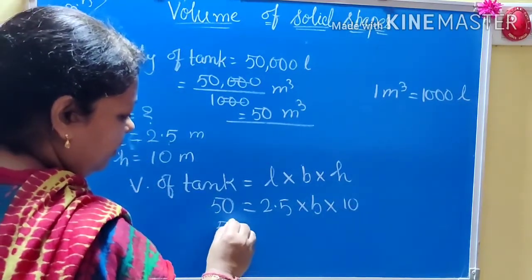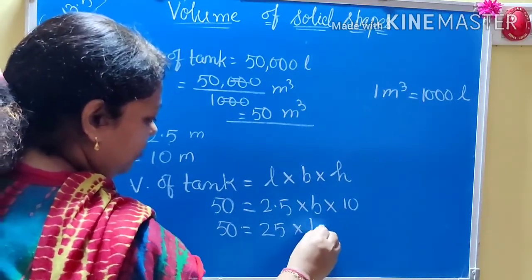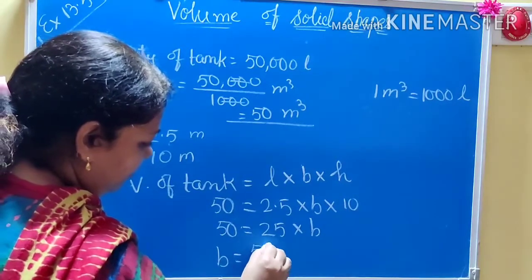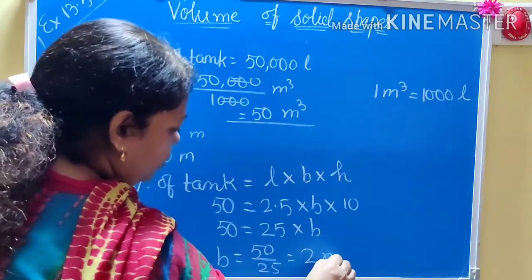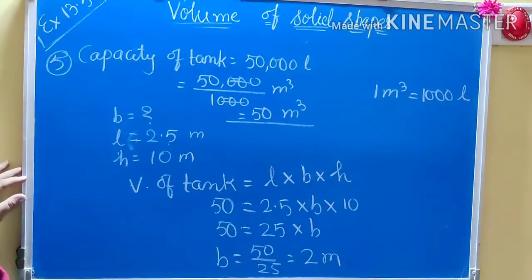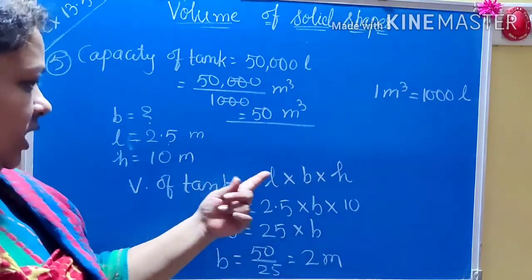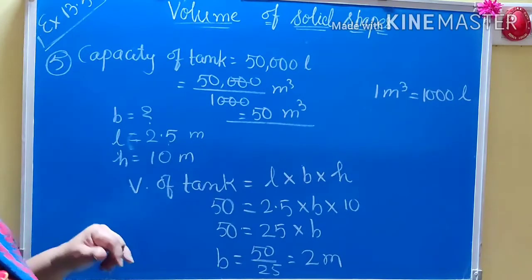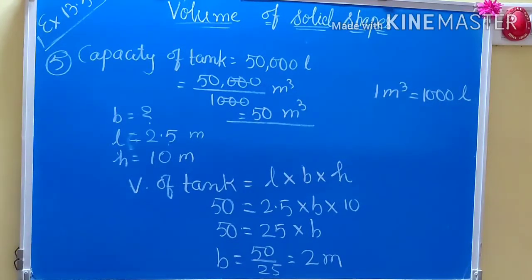So 50 is 2.5 into 10, that is 25 into B. So the breadth of the tank is 50 upon 25, which is equal to 2 meter. In that way, if any value in the formula is not given and the remaining are given, you can find the required value with the help of the formula.